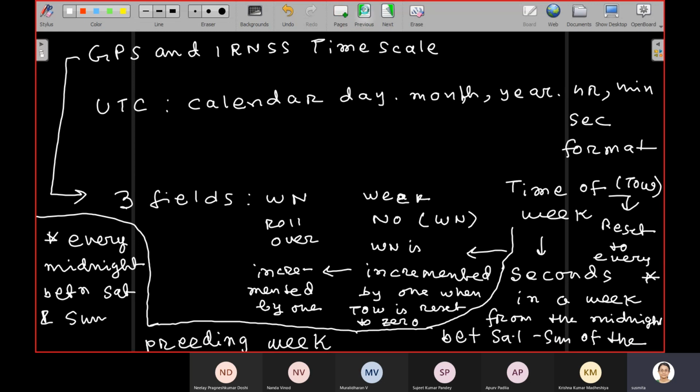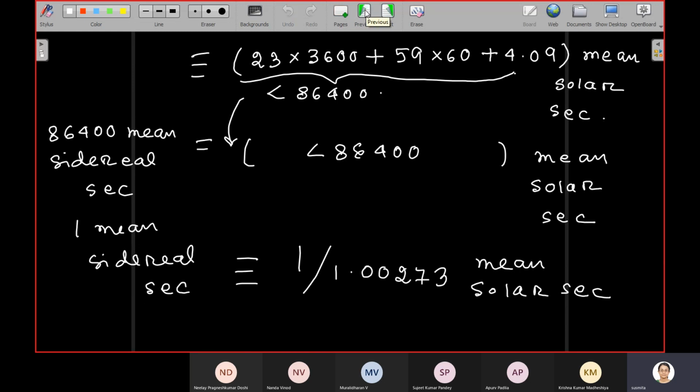Now, these three fields, week number rollover, week number, and time of week, must start from a certain time. The time when the GPS time scale started is called the epoch.